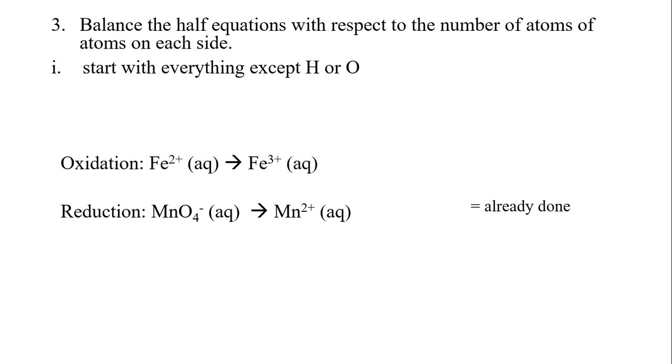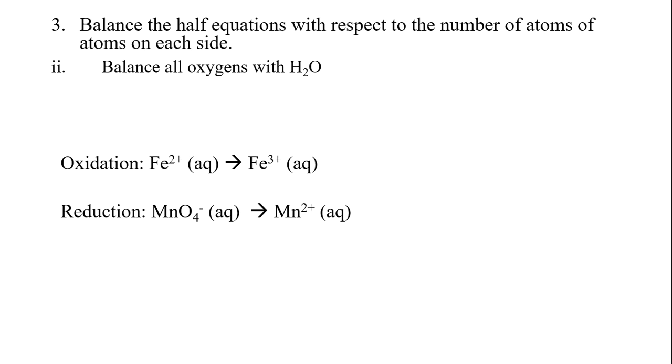Then we balance these half equations with respect to the number of atoms on each side of the arrow, like we have usually done before, right? So let's start with everything except for hydrogens and oxygen. And it's done. We have 1 iron here, and we have 1 iron here in the oxidation. We have 1 manganese here, and we have 1 manganese here. So that's balanced.